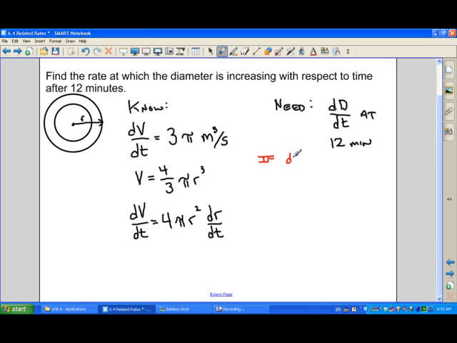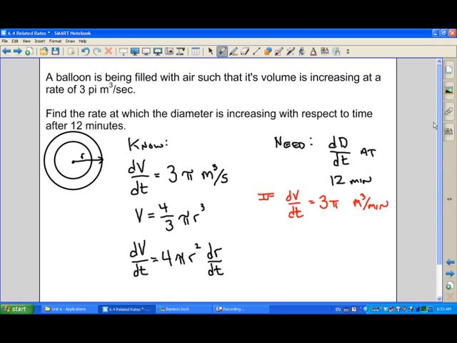We know that if the change in volume with respect to time is equal to 3 pi meters cubed per minute, and I just noticed a mistake in my question. That should be per minute. Sorry about that.